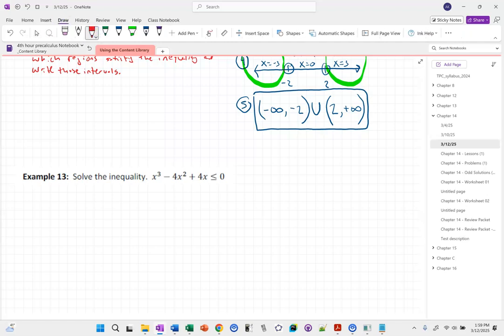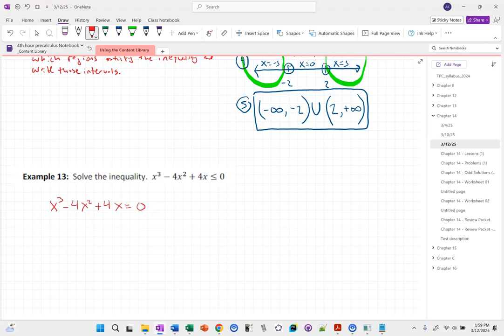All right. So here's our next example. First step would be to get everything on one side. Well, that's done already, right? I notice that this is a polynomial, so there are no discontinuities. So all I need to do is worry about finding the zeros.